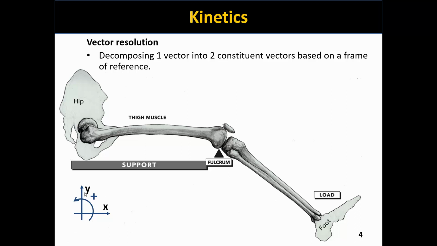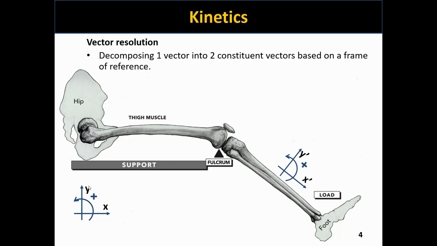So in this particular example, we see a diagram indicating a seated single leg knee extension task. Now this is potentially complicated, because although I initially put the standard XY coordinate system in the bottom right hand corner, the segment we want to analyze, which is the lower leg and foot, is not aligned with either X or Y. So what we do here is create another coordinate system by taking our XY.